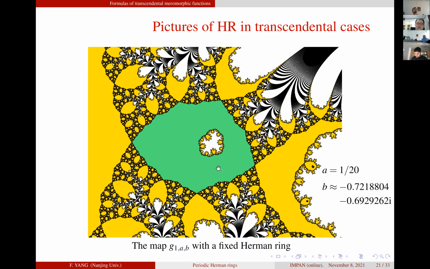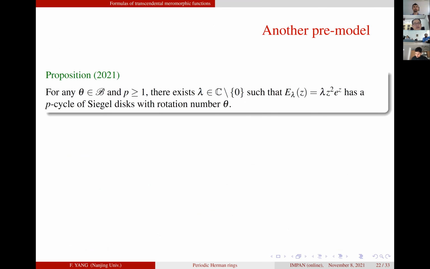And for period 2, you can choose some parameter A and suitable B such that it has a periodic Herman ring like this. Actually, although our result just produces period 2 Herman rings, we can produce any periodic Herman rings.